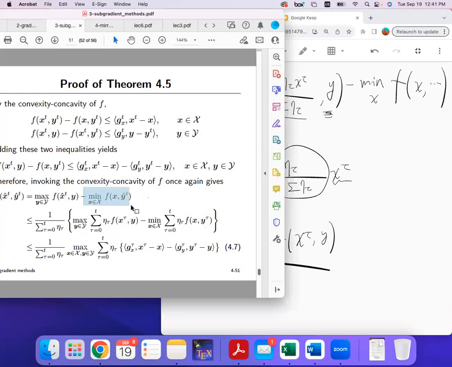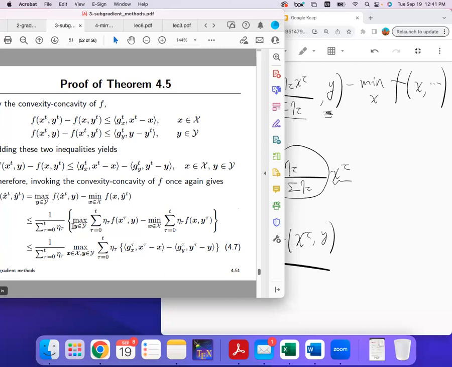The other part, you do the same thing, but now you are using concavity of f in y. The y hat is again a convex combination of all the points. So it's the same thing. Concavity is negative convexity, so there's no difference.